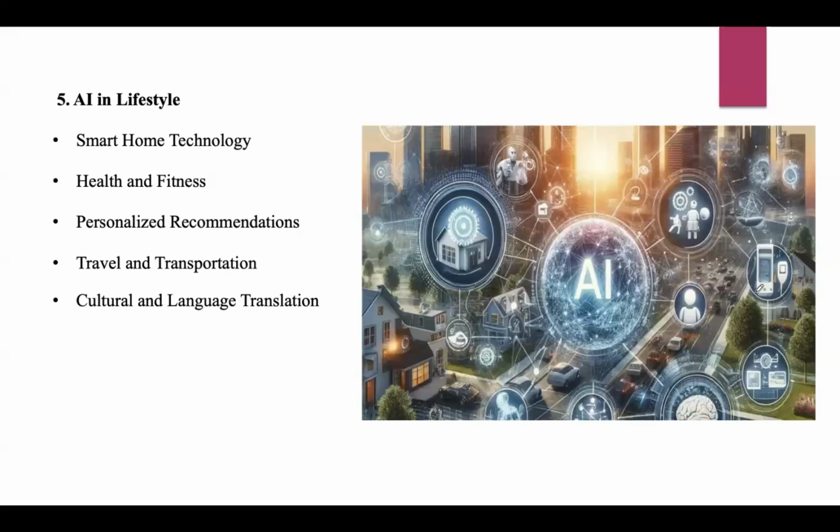So, best example for this is AI-driven translation services like Google Translate. It uses machine learning to improve accuracy and contextual sensitivity. Thus, it enables seamless communication in diverse linguistic settings.